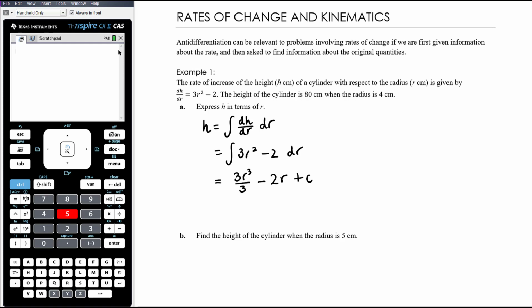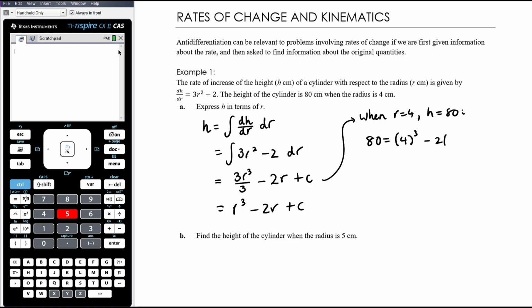Okay, so this isn't h in terms of r, this is h in terms of r and c, so there must be some information to allow us to find c, and that is that the height of the cylinder is 80 centimetres when the radius is 4 centimetres. Okay, so we know when r equals 4, h equals 80, and so that means we get 80 equals, let's just simplify that 3 on 3, so that's just r cubed minus 2r plus c. So 80 equals 4 cubed minus 2 times 4, plus c.